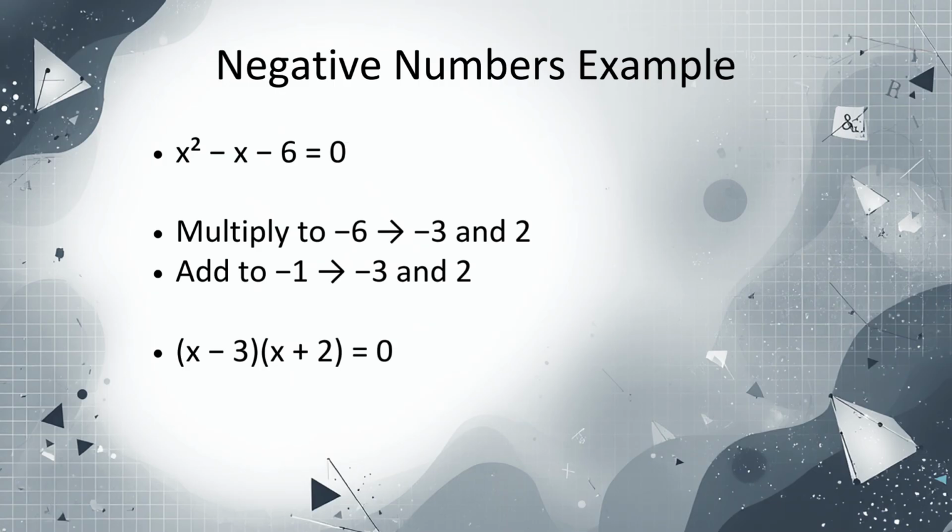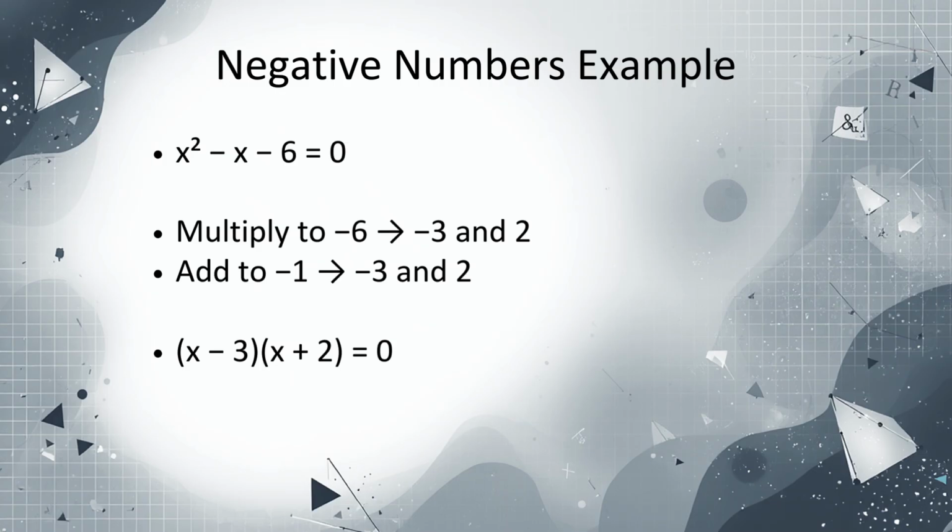Because both give us minus 6. This is where we need to really think of our signs. In the final answer, we need to get a minus 1. So if I pick positive 2 and a negative 3, that actually works because that gives me negative 1. So in the brackets, I'm going to use negative 3 and positive 2.